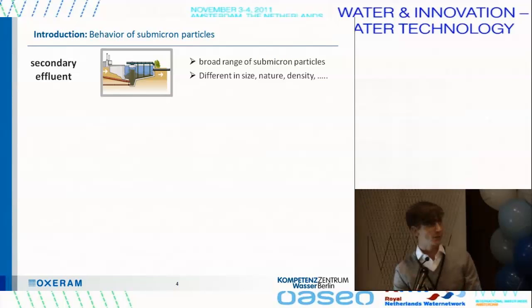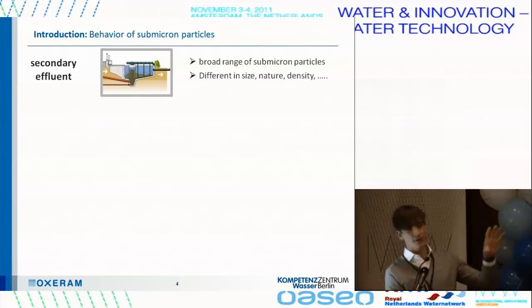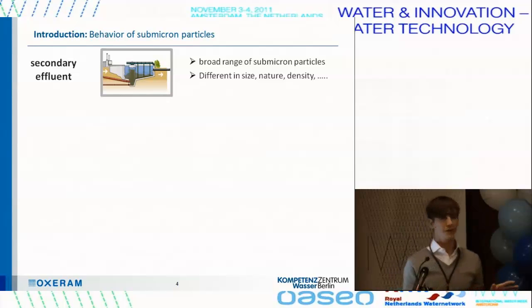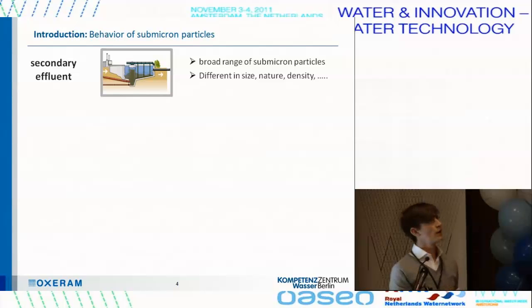But what happens to submicron particles during our process? First, we take the secondary effluent as the influent for our pilot plants, and we find a broad range of submicron particles which are different in size, nature, density, charge, organic, inorganic.